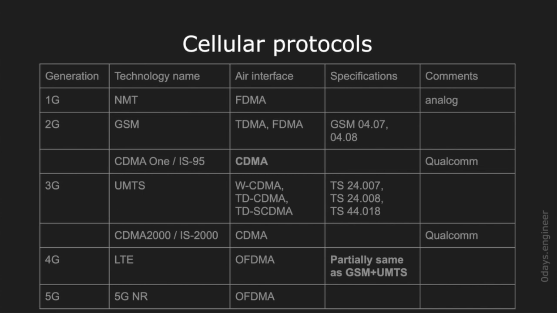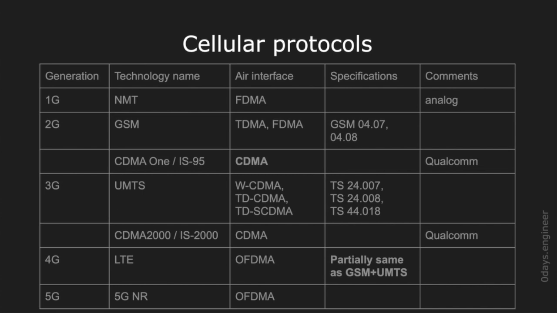TDMA means time division multiple access, which basically divides the entire electromagnetic spectrum within the radio band into time slots that are rotated in a round-robin manner by various mobile phones, so that they speak in turns. TDMA was the base for the GSM technology, and GSM was the main protocol used on this planet for a long time.